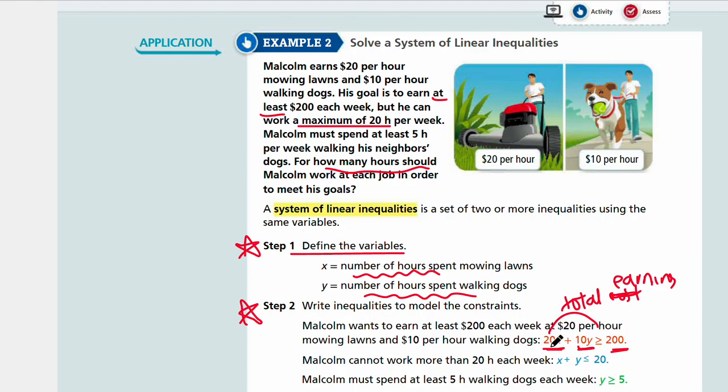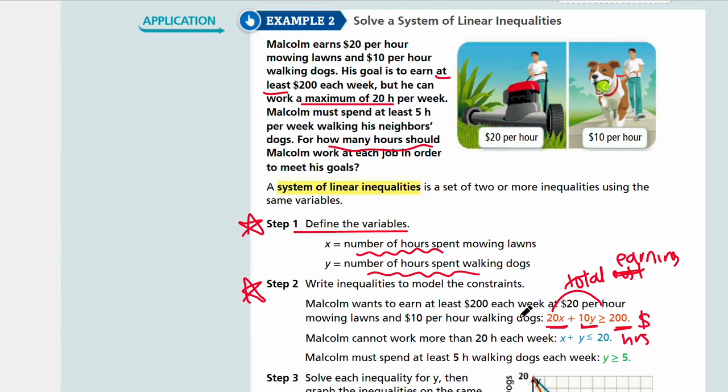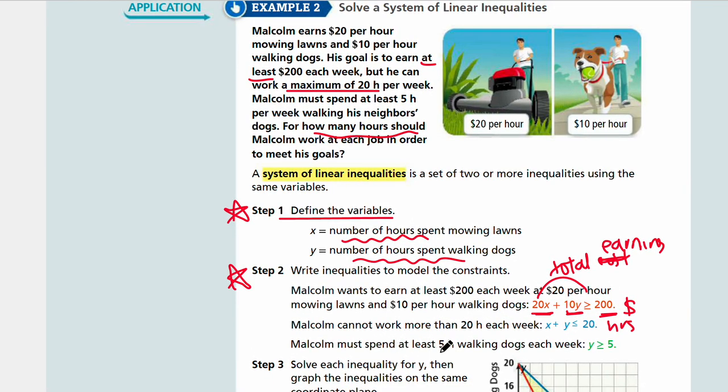Like the first represents dollars, the second represents hours. As long as you match all the terms in one inequality to have the same units, that's fine. And now we want him to spend at least 5 hours walking dogs. So hours for dogs would be Y. So we want Y to be greater than or equal to 5. Okay, so we have 3 inequalities for our constraints, our conditions.